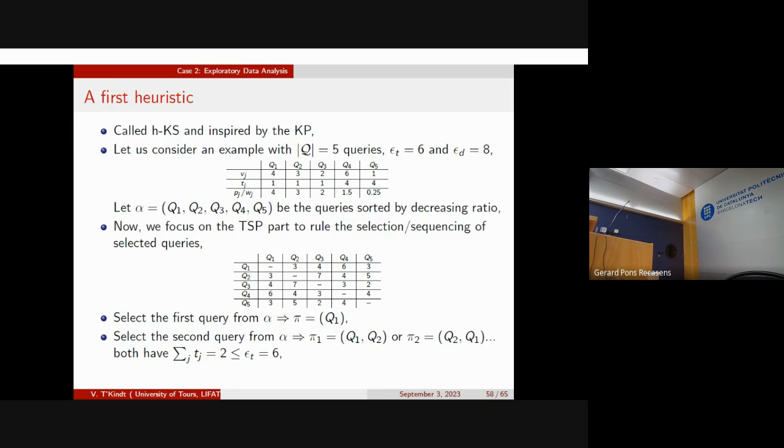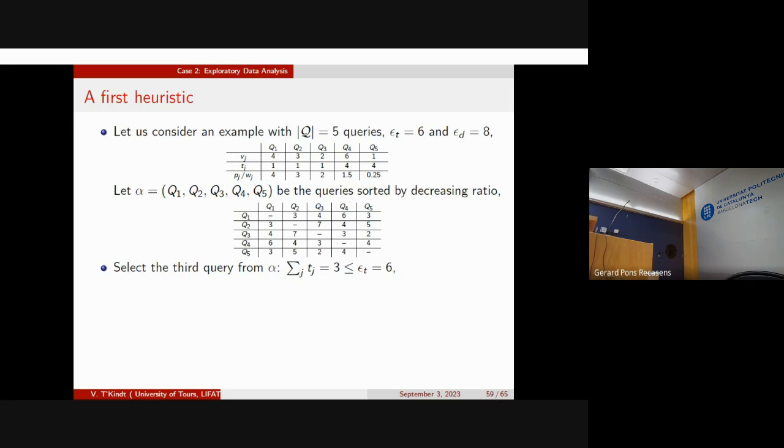Then I have two options: either I put Q2 after Q1, or before Q1. I test the possible insertions of Q2 and choose the best one. In this case, they have the same total distance, so I randomly choose the first permutation, Q1 then Q2.